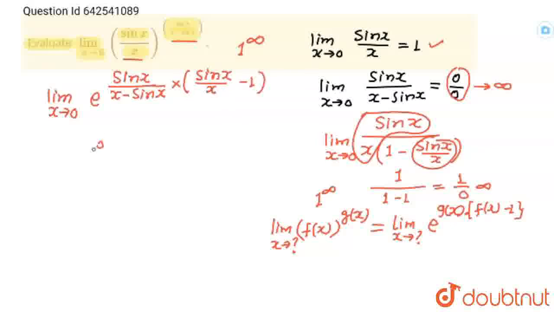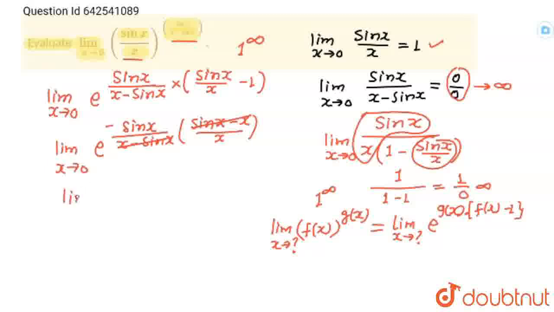So this will become e to the power sin x upon x minus sin x, and when I take the LCM, this will become sin x minus x upon x. And this is x minus sin x, this is sin x minus x, so both will get cancelled out with a minus 1 times, and this will be limit x tends to 0.